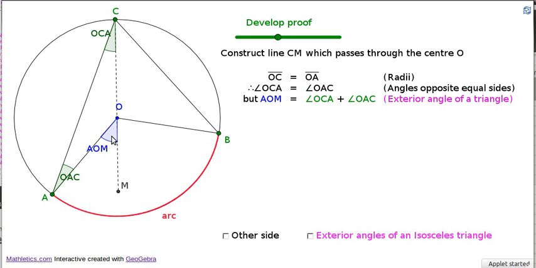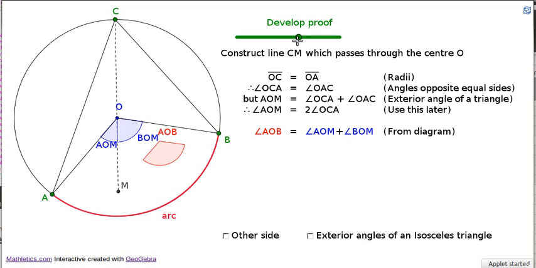Then you say that that angle is the same as that angle plus that angle, which is the old exterior angles thing again. And then you can say that that angle is worth 2 of those angles because that angle is the same as that angle. And then you look at the diagram and you can see that the big red angle is the same as AOM plus BOM.